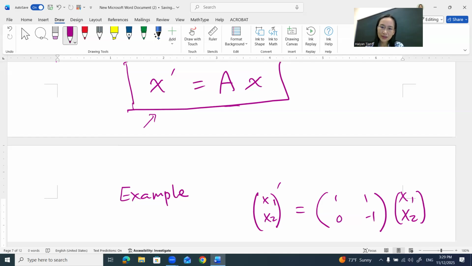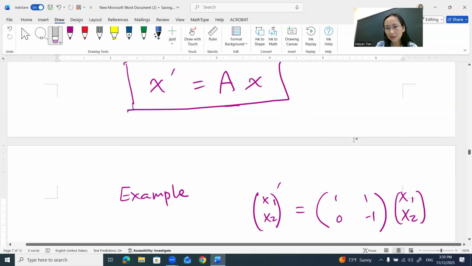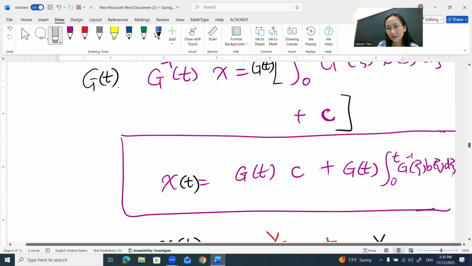So in this case, how do we find the fundamental matrix? Of course, you can still use the definition of the fundamental matrix and look for it.